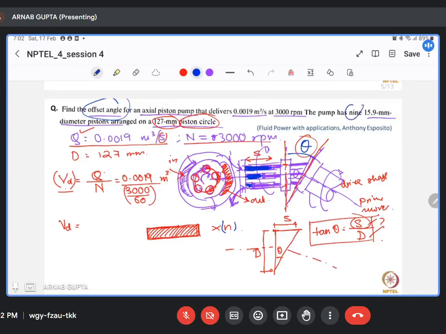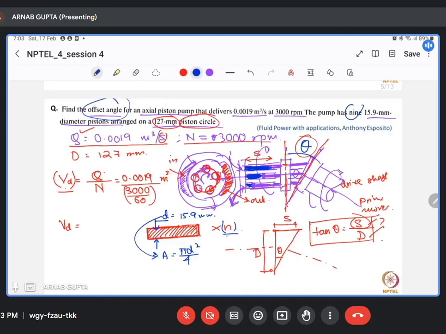It has a 15.9 mm dia piston. So from here you can calculate the cross-sectional area, that is nothing but pi d square by 4. If you multiply this area with the stroke length, that is S, this particular S that I have noted here, that will be the stroke volume per cylinder.